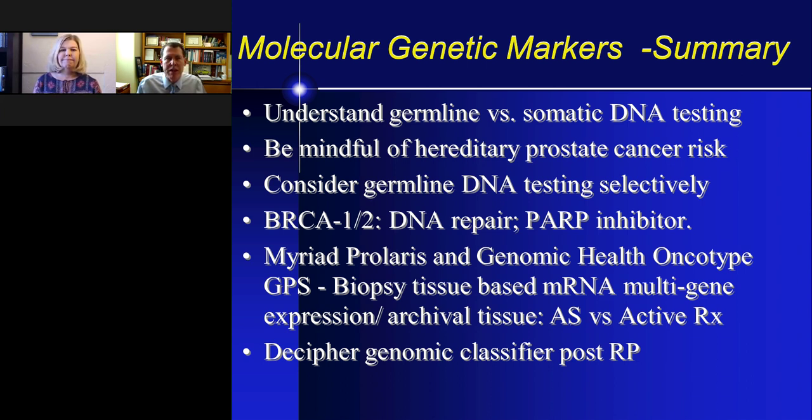We really should be thinking about if the patient has several family members with cancers, particularly if those cancers developed in family members less than 60, or a double red flag is if those cancers developed at less than 50.